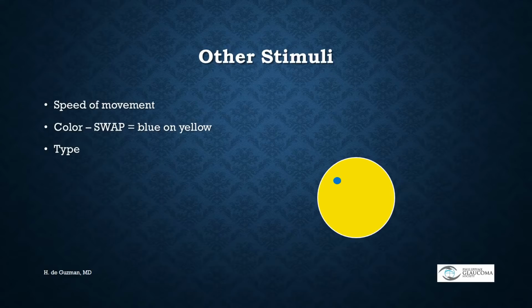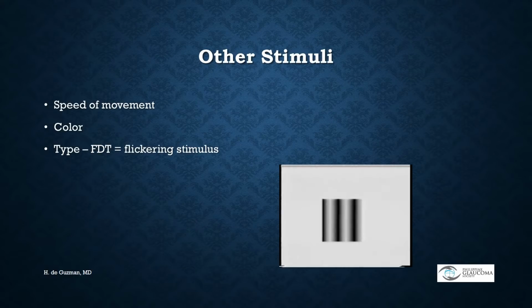Short wavelength automated perimetry, which is a type of selective perimetry, uses a blue stimulus on a yellow background. And frequency doubling technology perimetry, which is another type of selective perimetry, uses a stimulus that looks like it's flickering.